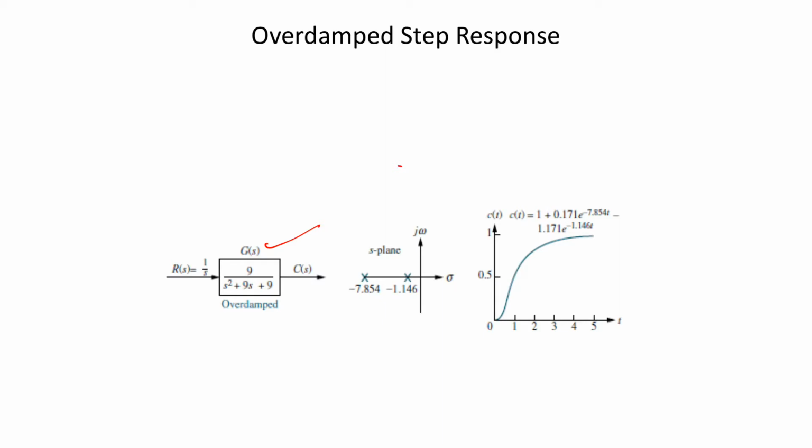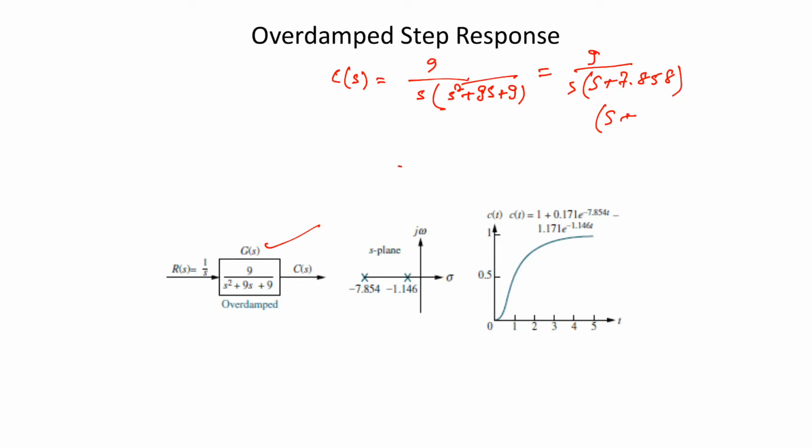Now let us consider the transfer function, represented by C. C(s) is equal to 9 divided by s into s square plus 9s plus 9, which can be written as 9 divided by s into s plus 7.858 into s plus 1.146.